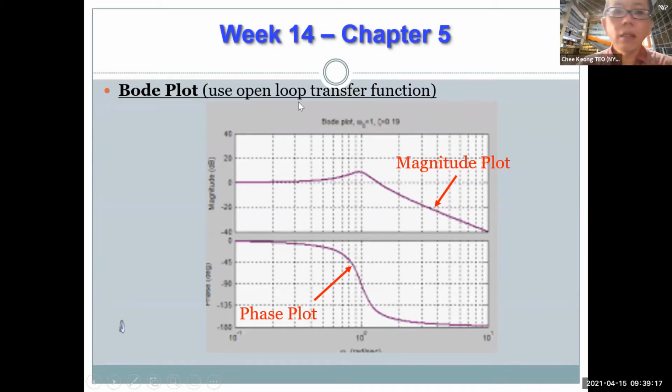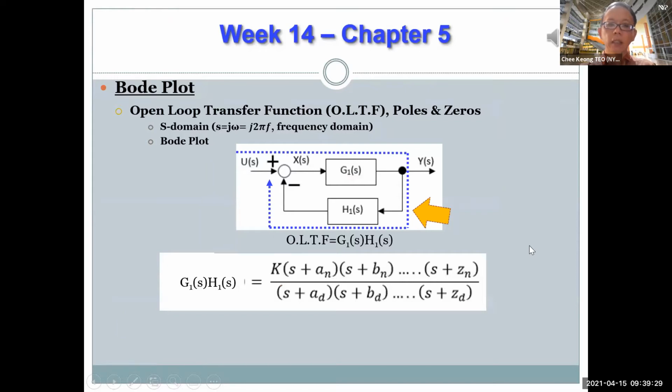So we are using the net open-loop gain plot and the net open-loop phase plot to determine whether the system is stable when it is connected in a negative fashion. Open loop will be the multiplication of all the blocks' transfer functions that lie along the blue dotted path. For this case, it is G1(S) multiplied by H1(S).